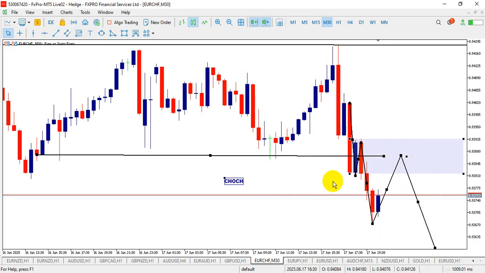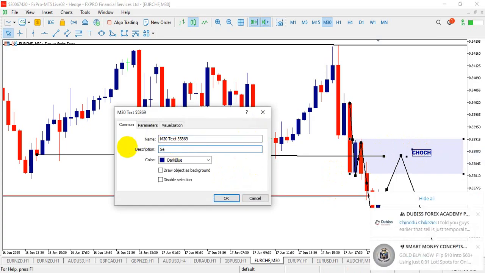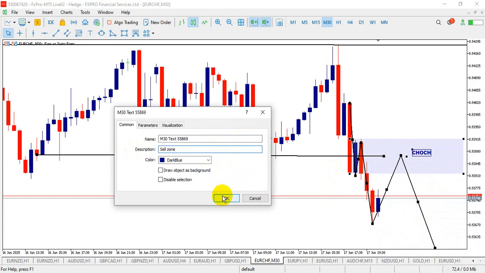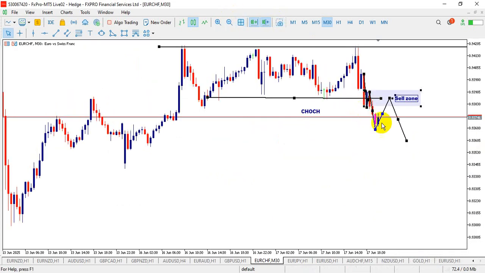So taking the whole of this order block, expecting to sell from this zone. So I call here a sell zone, because we expect price to continue the downward trend. But for price to continue that downward trend, it needs to give us an entry.